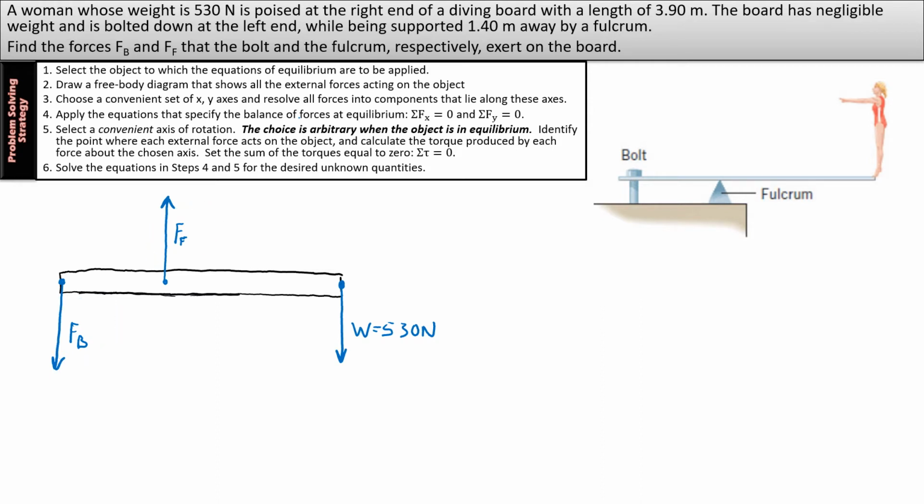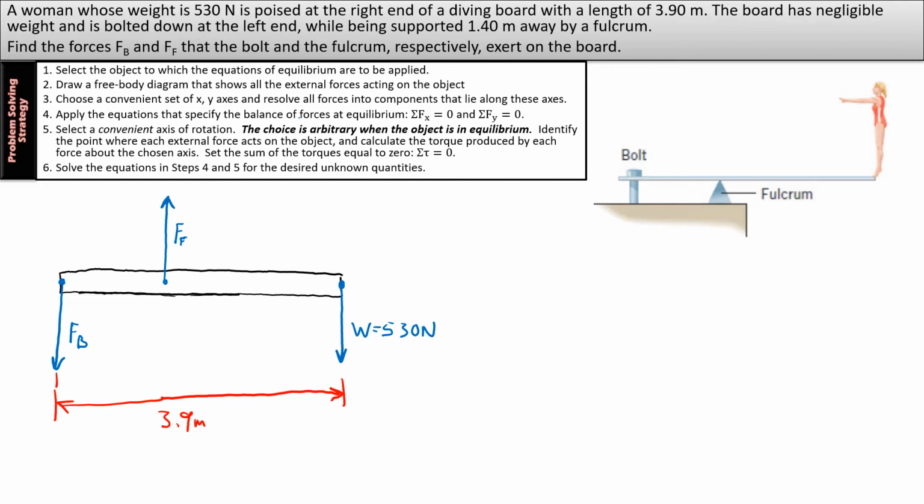Then let's continue. This says the diving board has a length of 3.9 meters. Nice, so we could draw that in. 3.9 meters. It says the board has a negligible weight and is bolted down at the left end while being supported 1.4 meters away by a fulcrum.